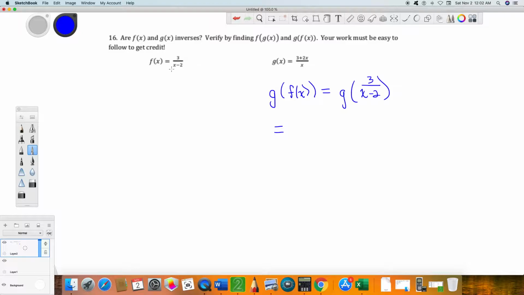All right, so what does g do to its input? g always creates a fraction. The numerator is always an addition problem of 3 plus 2 times that input, and then the denominator is always the input. Well, this time this input is this ugly fraction.